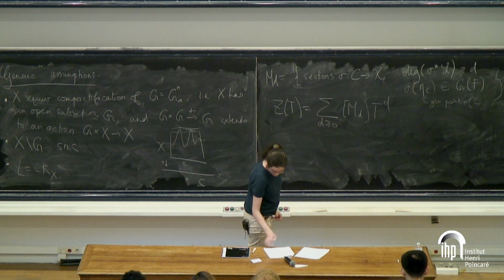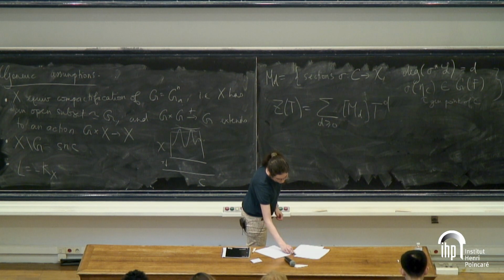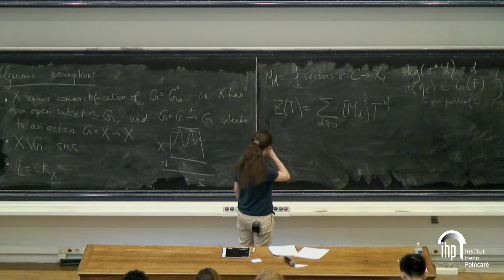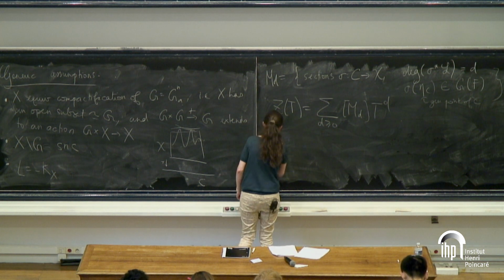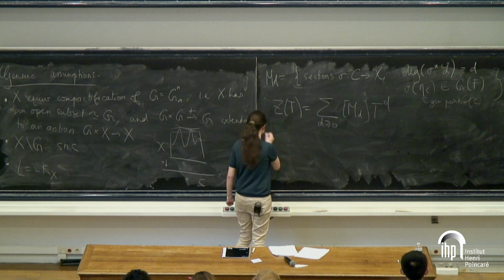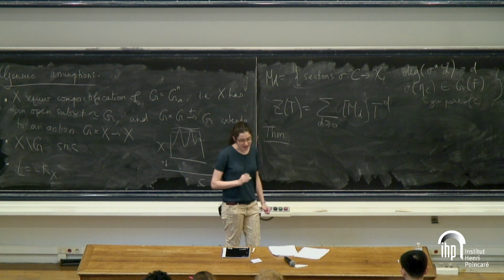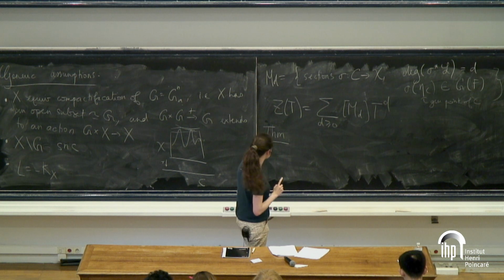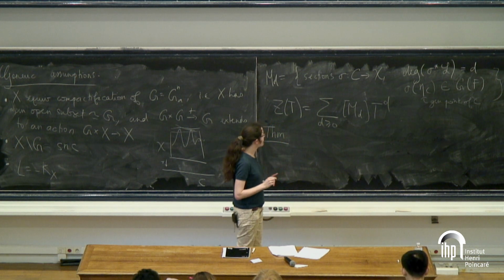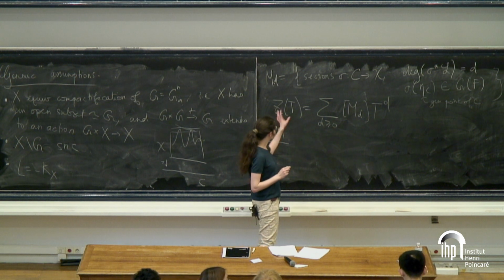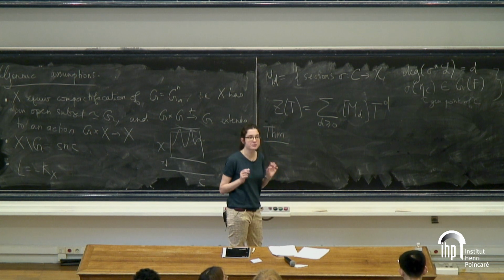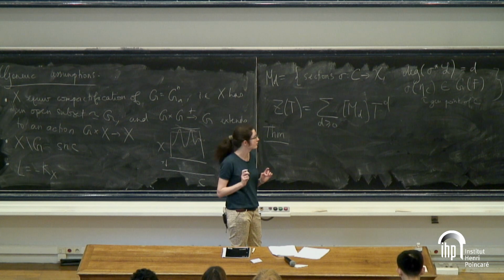So let me first state the theorem that I have. The only thing is that I will say that zeta converges with respect to some topology, but it won't be the dimensional topology that I talked about earlier.